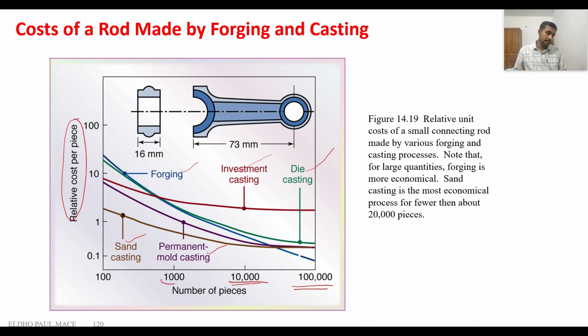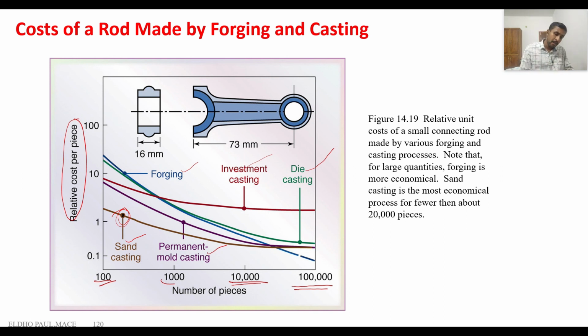If the number of pieces is less than 100 or around 100, then we can go with sand casting, because in sand casting there is no need for heavy machinery. We need only a flask and sand, etc. We can easily manufacture 100 connecting rods with sand casting. So we can reduce the cost per piece using sand casting.